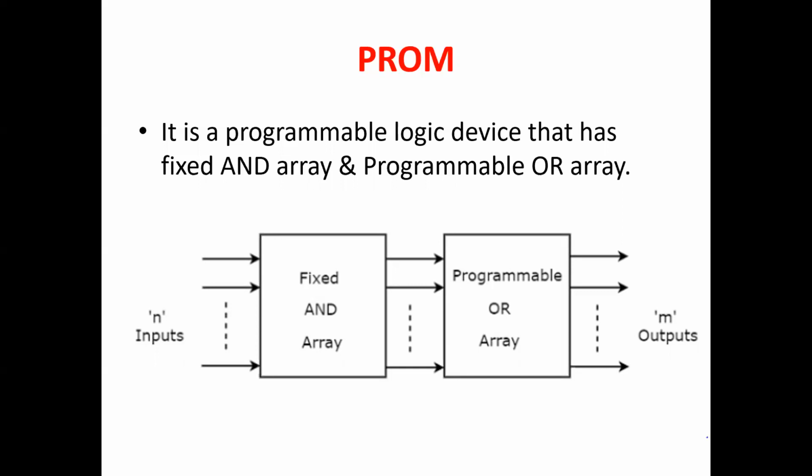So you get the particular output using only AND and OR gates. In this programmable read-only memory kind of IC, the AND array will be fixed, whereas the OR can be programmed.